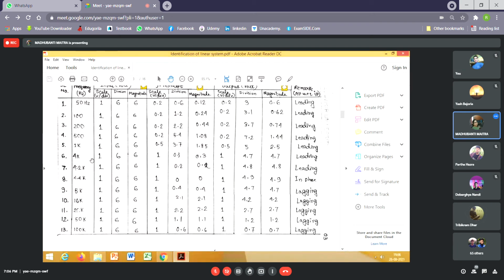Yes, ma'am. Okay. Now in the next column, that means the column labeled 2A, put these values against these frequencies: 6, 6, 6, all the values will be 6.